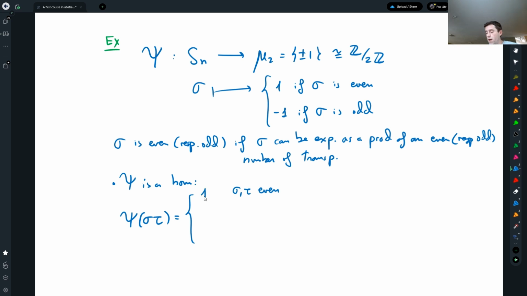So that will give me a 1. But 1 is 1 times 1, and that is the same as psi of sigma times psi of tau in that case.